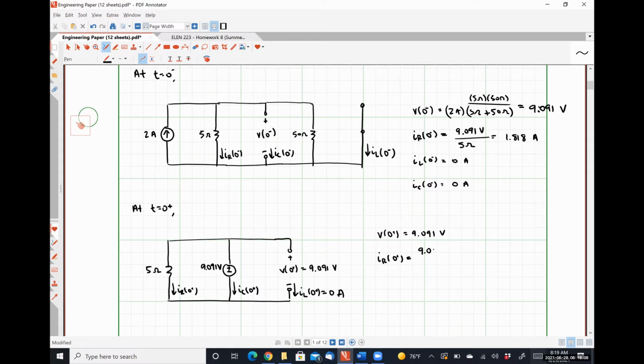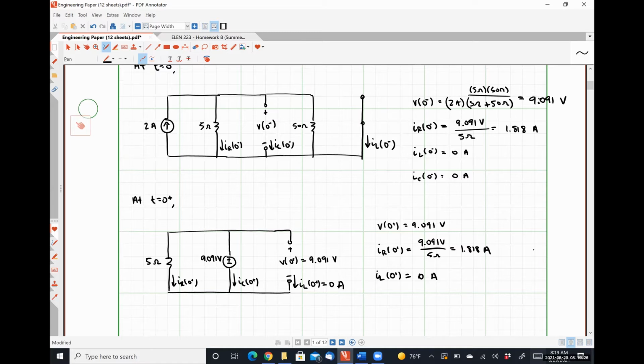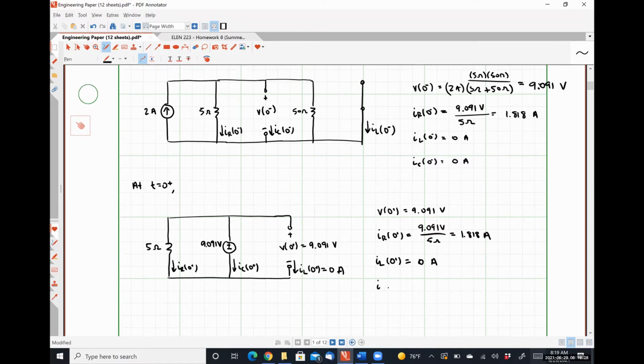So 9.091 volts over 5 ohms gives us 1.818 amps again. Then IL at 0 plus has to be 0 amps. And finally, IC at 0 plus is negative IR, so negative 1.818 amps.